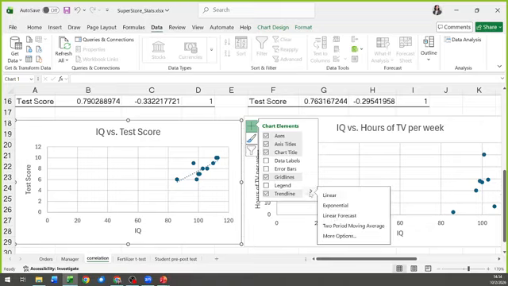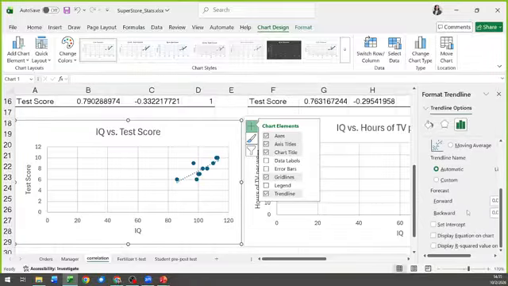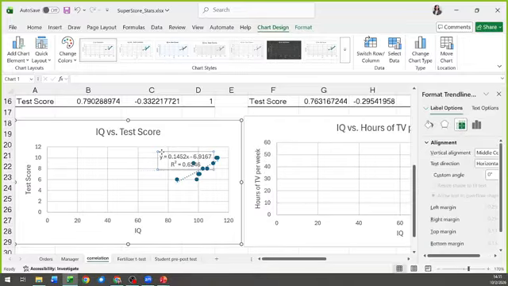You can go to more options here or just double click the line to open up the configuration. Once you open the configuration you can enable display equation on chart and display r square value on chart, and it will report here.